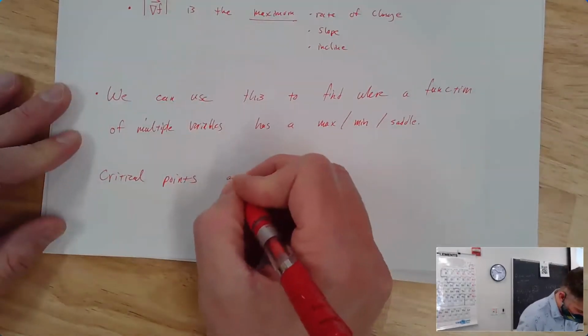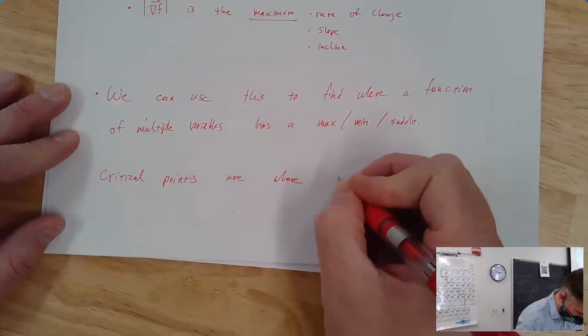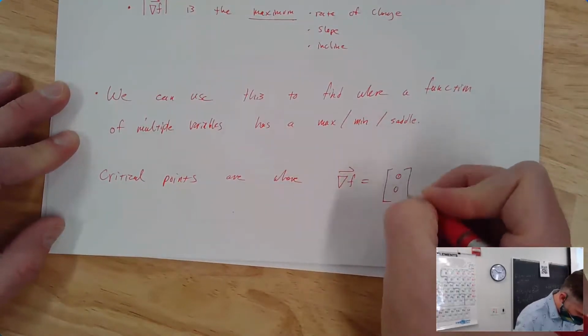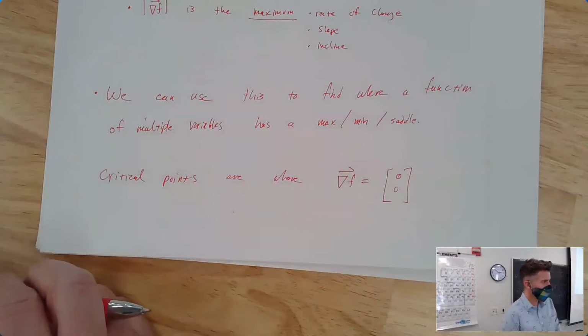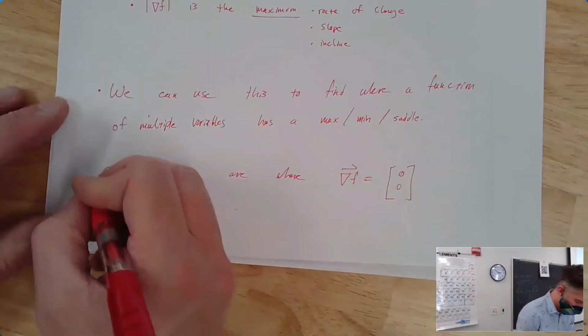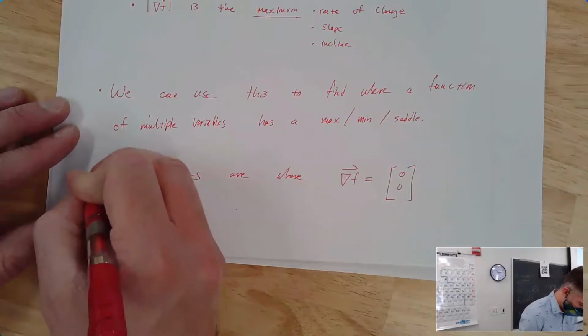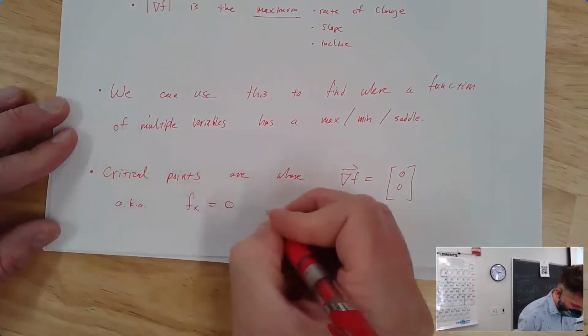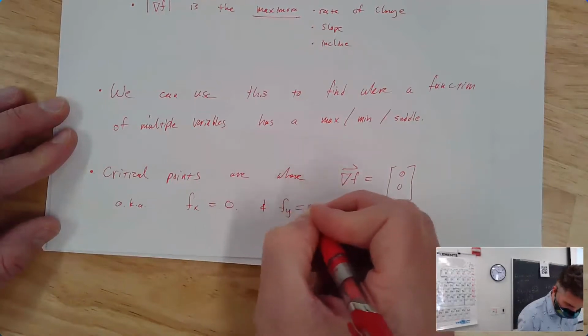Critical points are where the gradient is equal to the 0 vector. Or alternatively, where each partial derivative is equal to 0.